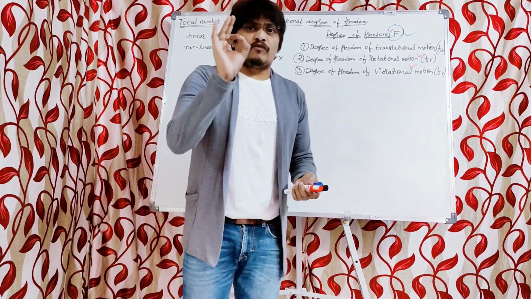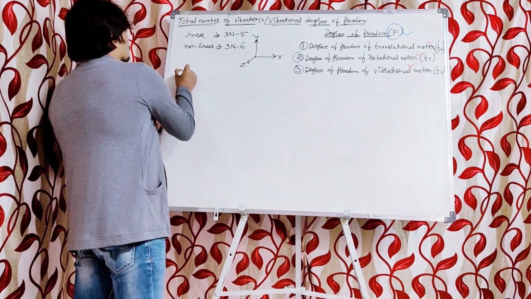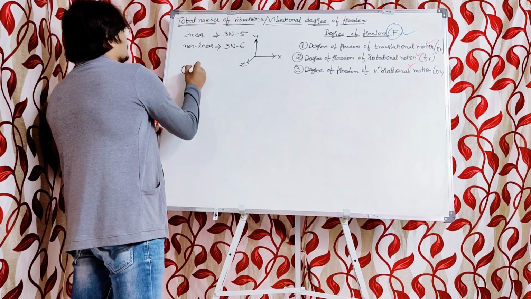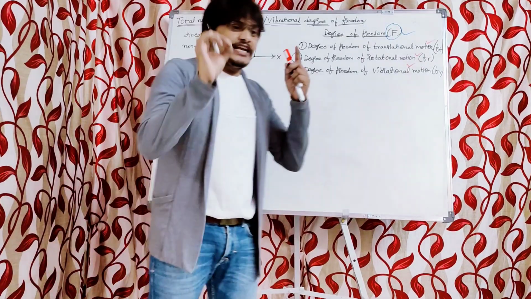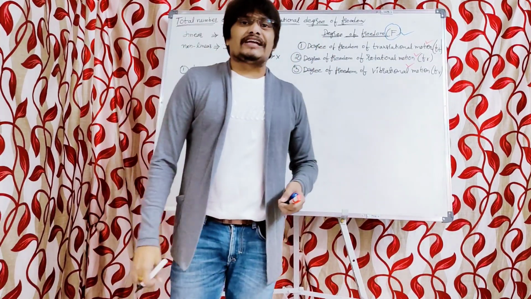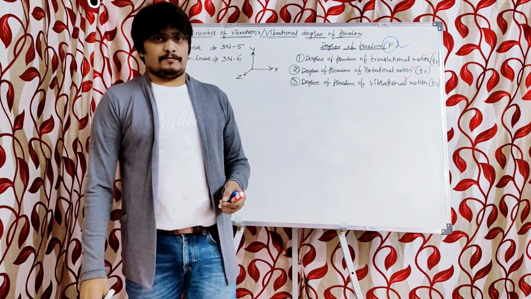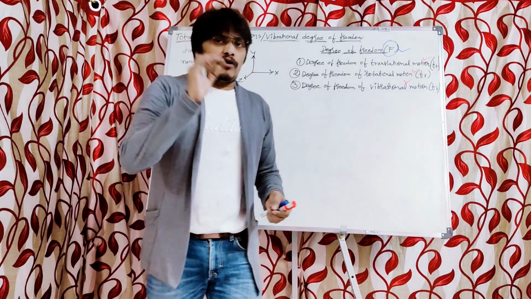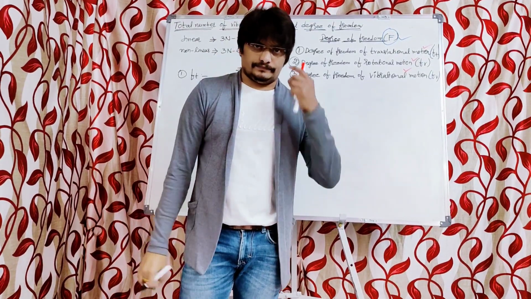Now we have to discuss them one by one. First, Ft, the degree of freedom of translational motion. The name itself implies that these are produced by the translational motion of the molecule.